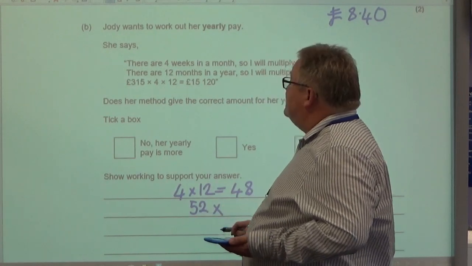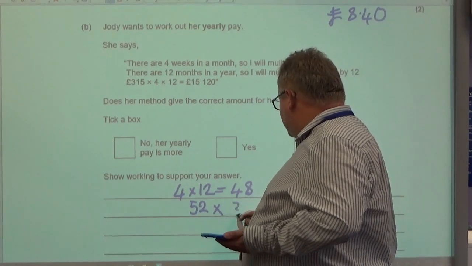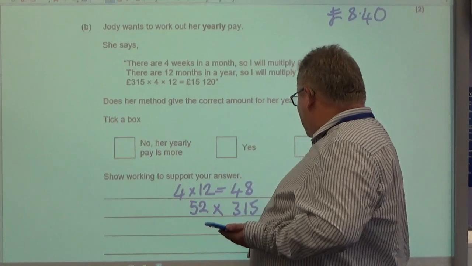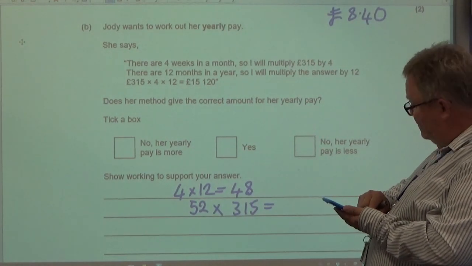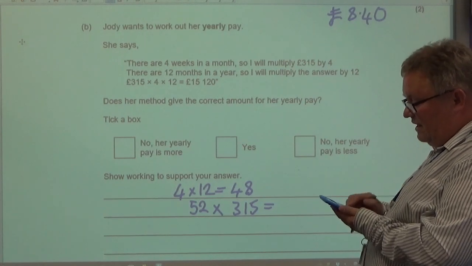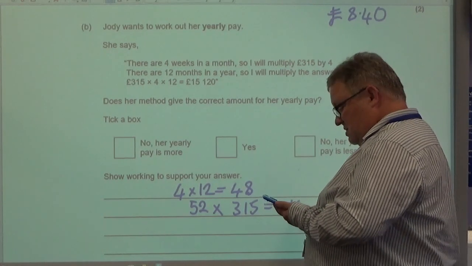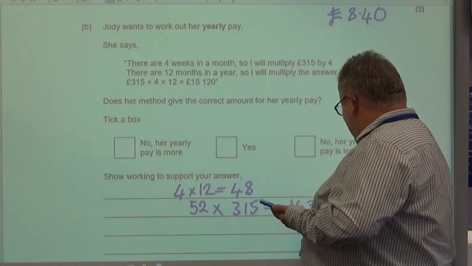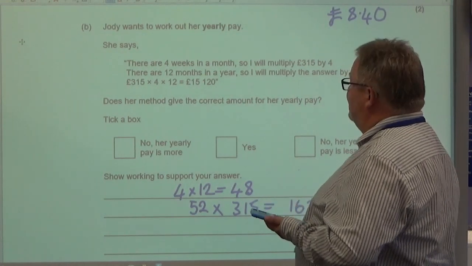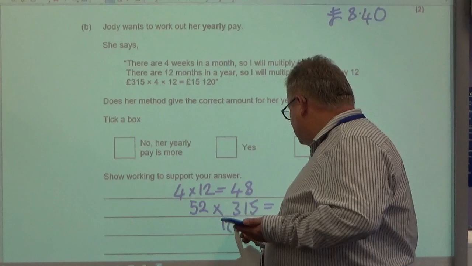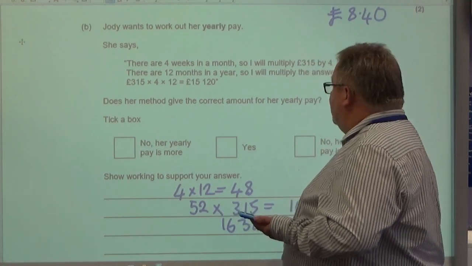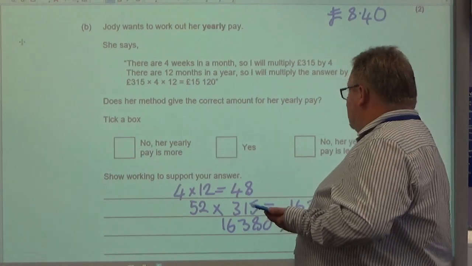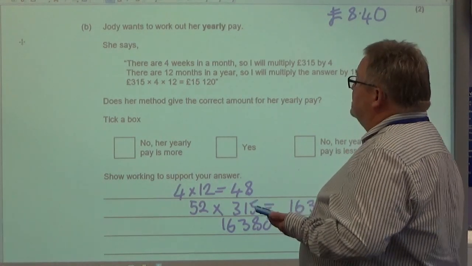So it's going to be 52 times 315, and that gives us 16,380. So therefore 16,380 is greater than 15,120.